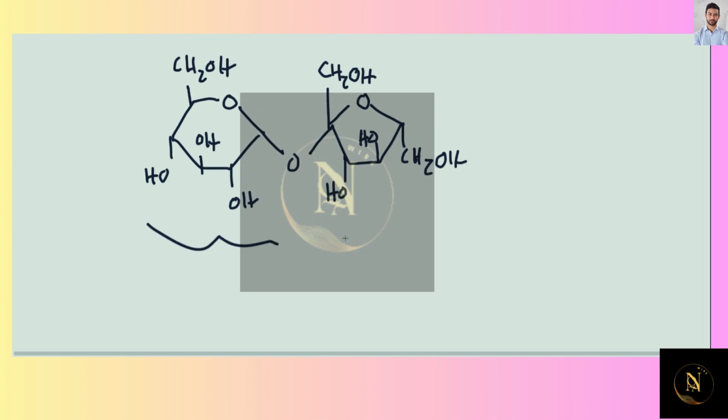This alone is a sugar, and this alone is a sugar. If you put them together, you get something like sucrose, which is a carbohydrate. It's a disaccharide. It's made out of glucose and fructose.